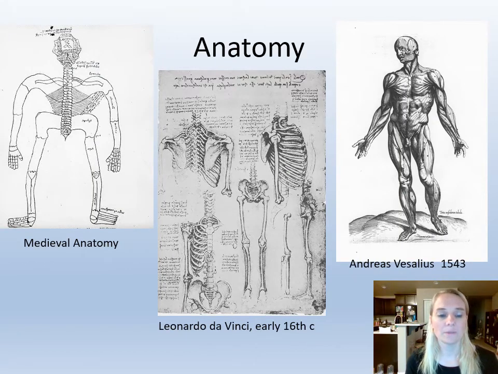So if you take a look, these are some of the earliest drawings of human anatomy. If you can see, starting with the medieval anatomy, it's very basic. This would be like in the 12, 13, 1400s. And really it's just bones. They don't really have any other information. And mostly that's because they didn't really do dissections.